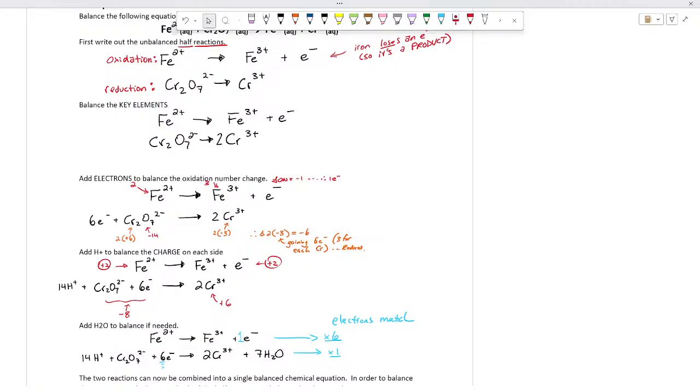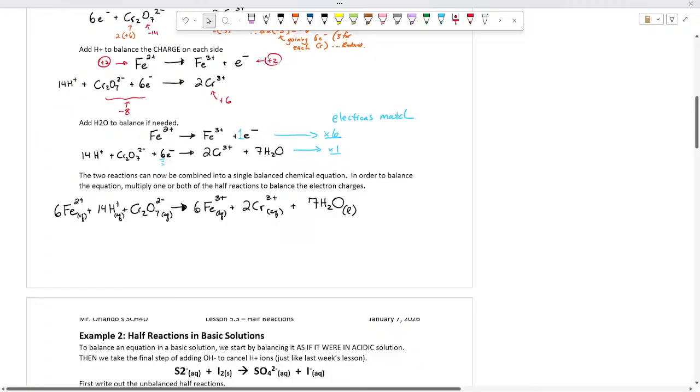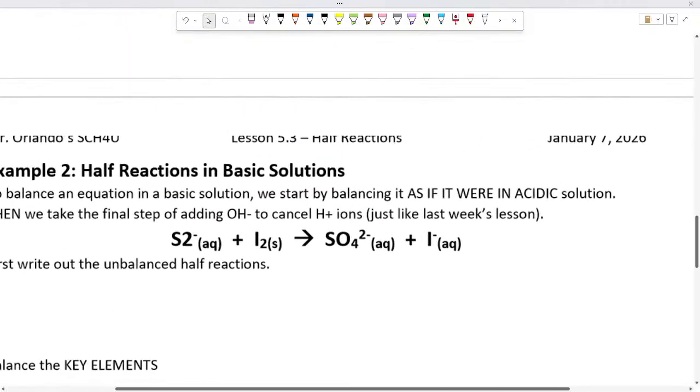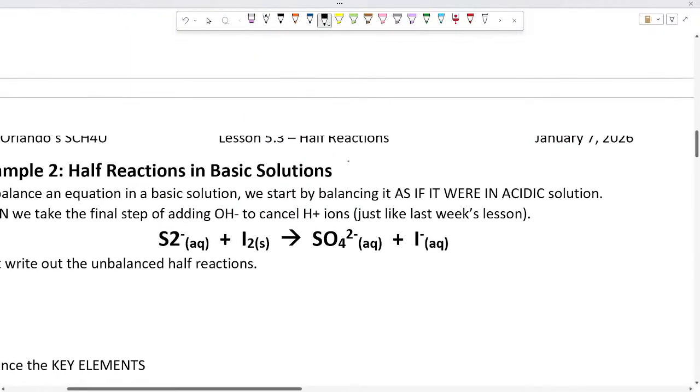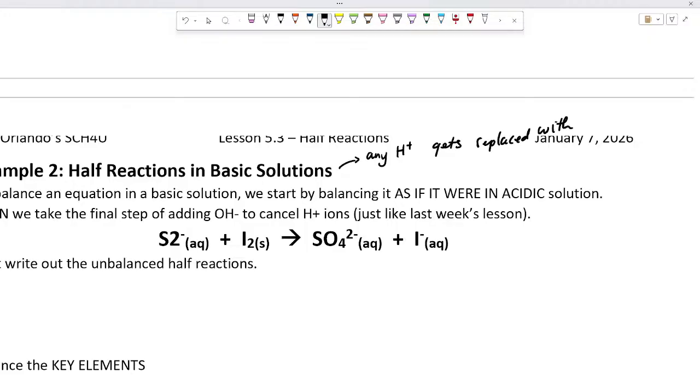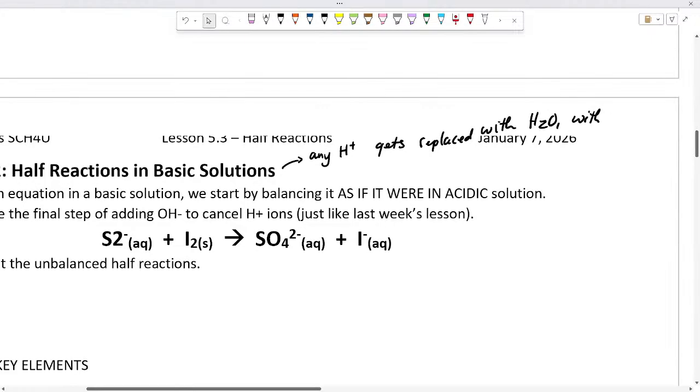Can we try it in basic solution? Remind me, what's the only difference in basic solution? Yeah, what you're going to recall is that any H plus gets replaced with H2O, with OH minus added to the other side, right?